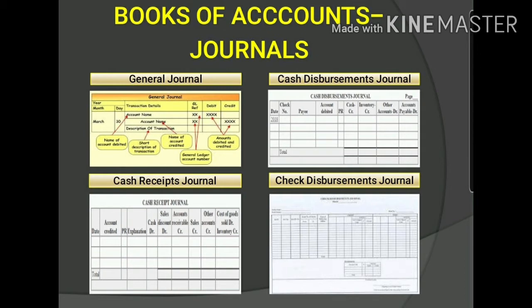The cash receipts register is used by field offices without a complete set of books to record their cash collections and deposits in the books of their mother unit. Cash disbursements journal, used to record the cash disbursements of the disbursing officer. Check disbursements journal, used to record the check disbursements of the disbursing officer.